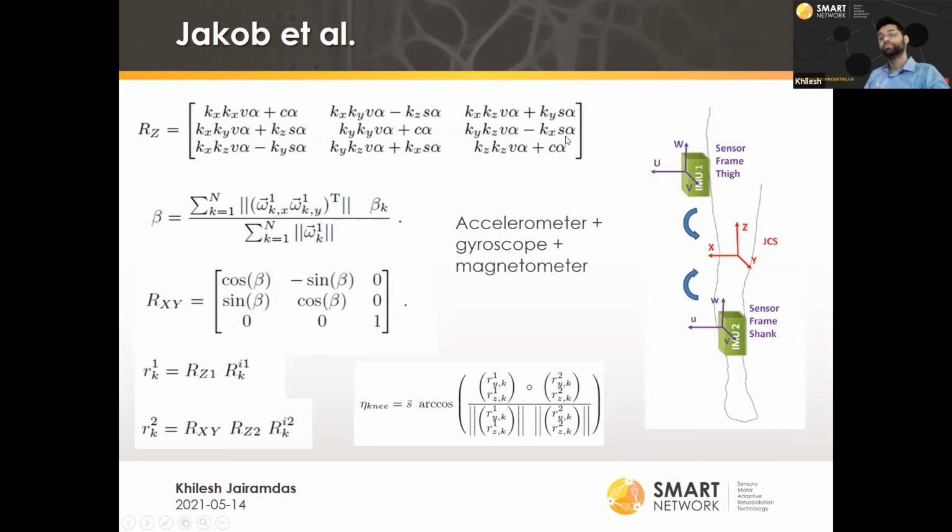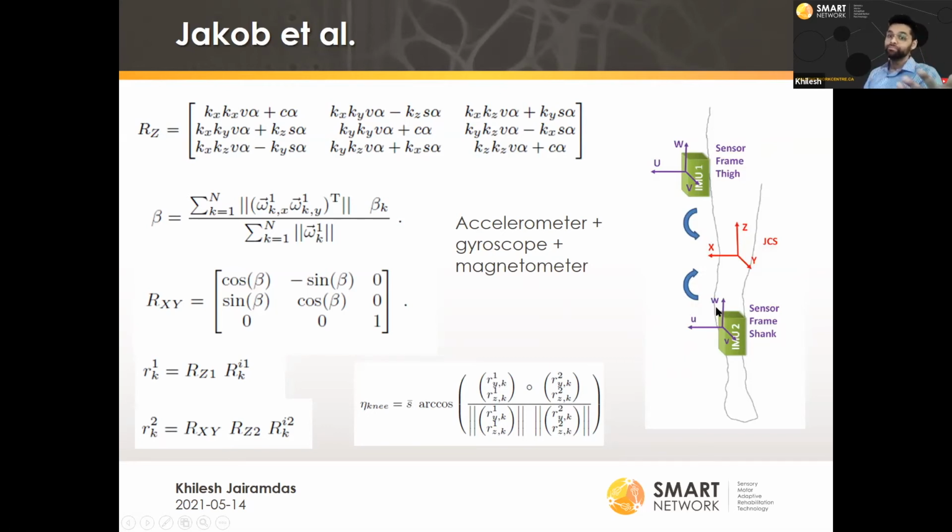The second step of calibration is an angle calibration. So the leg is lifted laterally at an angle a few times, and that allows you to assess whether the shank sensor frame is misaligned with the thigh sensor frame in the UW plane. So it's rotated about the Z axis so that the UW axes then match.